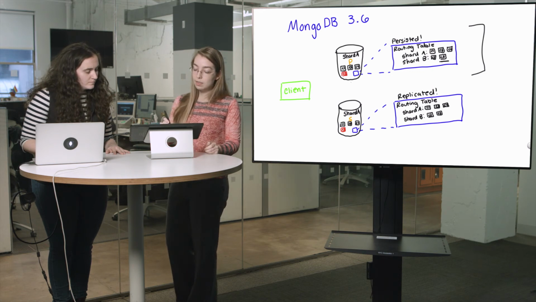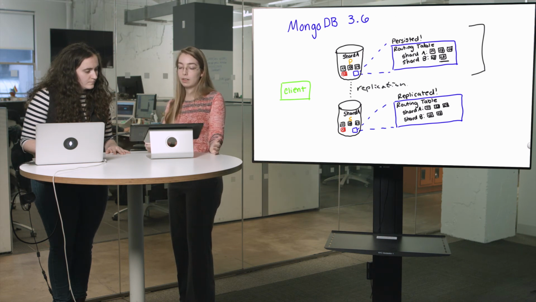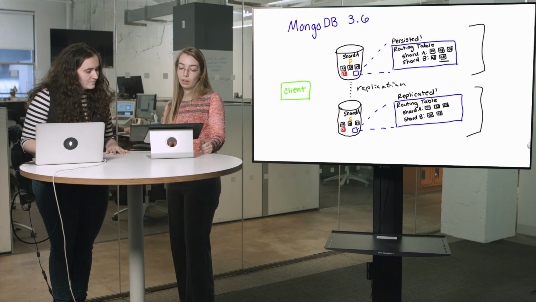And so persisting it allowed replication to take it down to the secondary, which now has the routing table and can load it up into memory and again provide the same services as the primary.